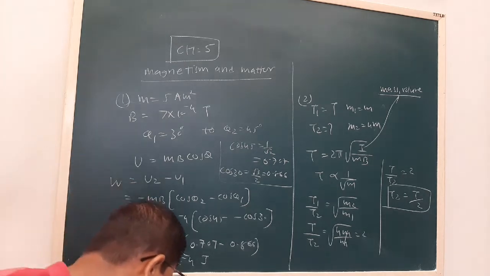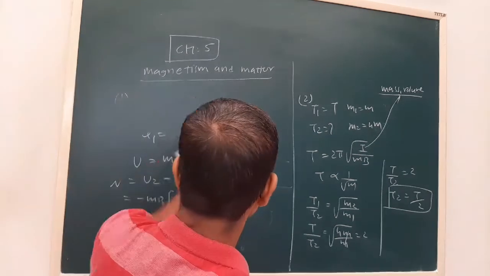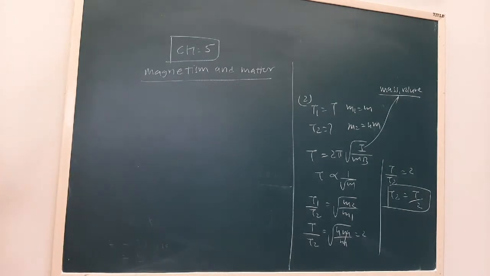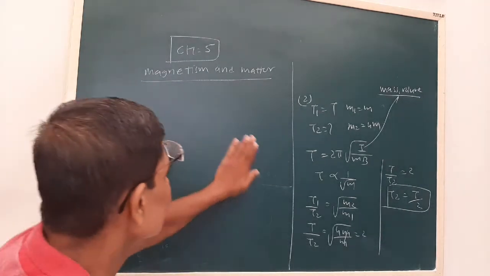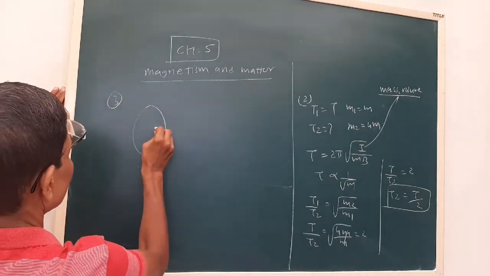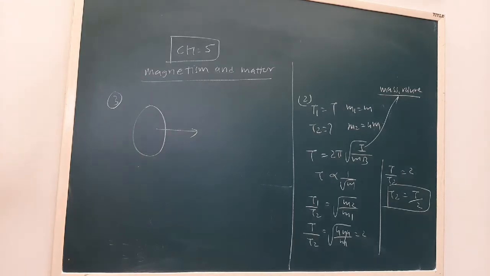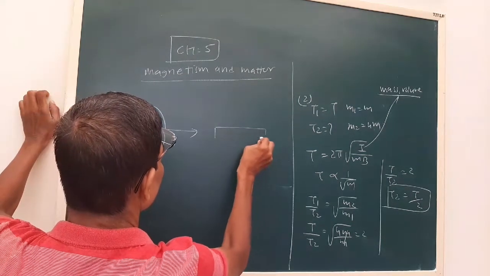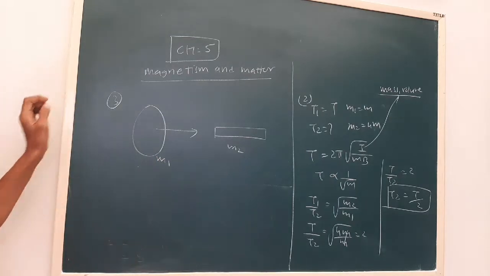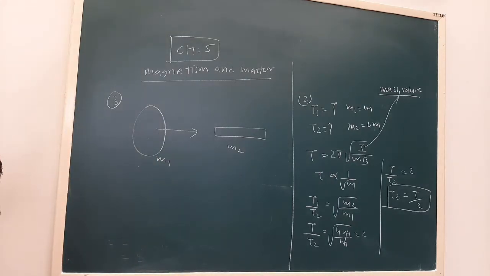Now see the third question. A circular loop carrying current I is replaced by a bar magnet having an equal dipole moment. So where is the point on the loop?